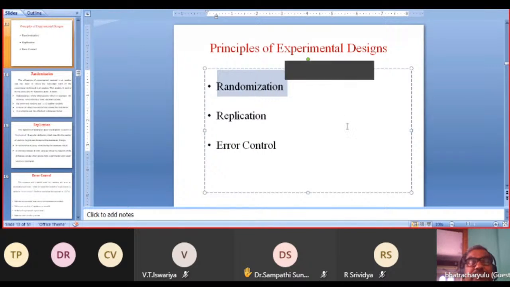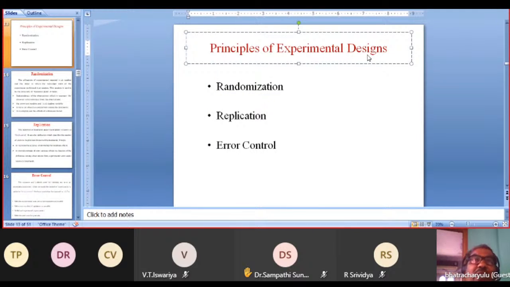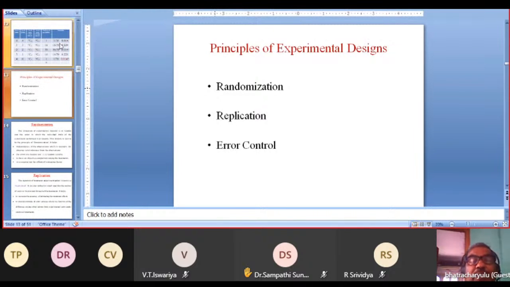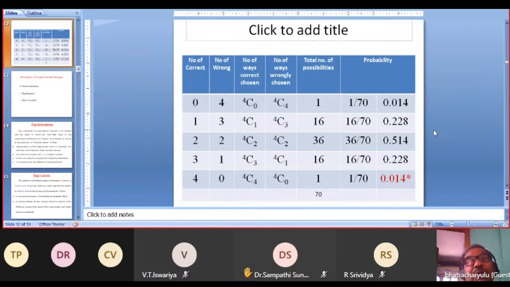And now what is randomization? Randomization means not randomly adding sugar, or randomly adding the tea powder, or randomly adding the milk.